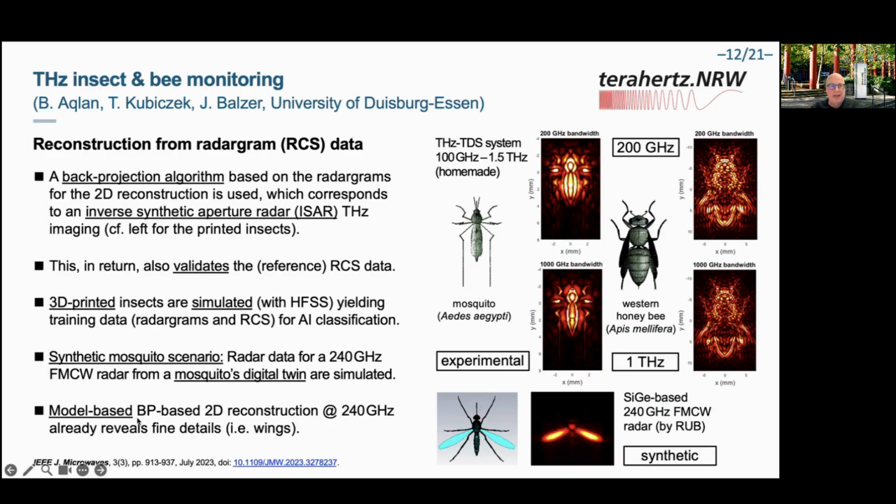They used the same back projection algorithm. What is seen here on the right-hand side is a very nicely reconstructed mosquito showing the main features. With main features, I mean the wings, because it could be advantageous, and that is something they are also looking into, to monitor the beat frequency of the wings, which might also be revealed by this type of FMCW radar system.